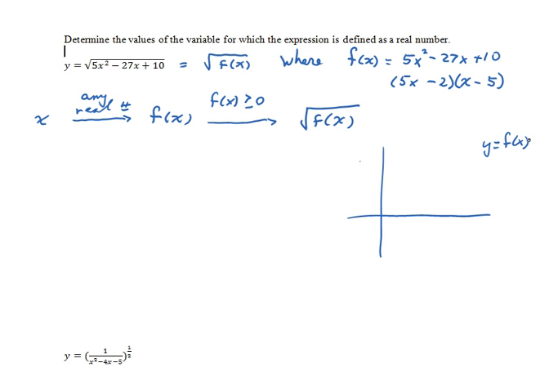It will have x-intercepts at 2/5 and at 5, by setting, first of all, 5x minus 2 equals 0, and then x minus 5 equal to 0, and solving for x. So we have a quadratic that opens up. It opens up because the leading coefficient of f is positive.